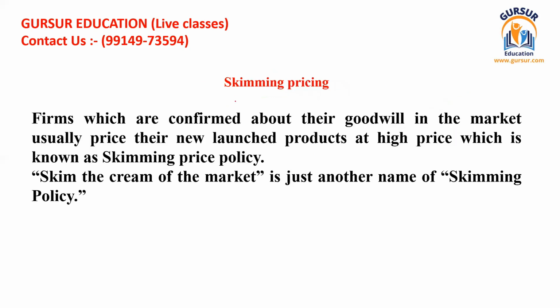But in case of skimming pricing, when you are sure that you have created extreme goodwill so that your profits are going to rise and rise, what you do is make a policy of higher pricing for your products so that you can skim the cream of the market, so that you can earn more and more in the short run.